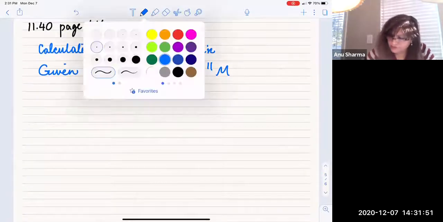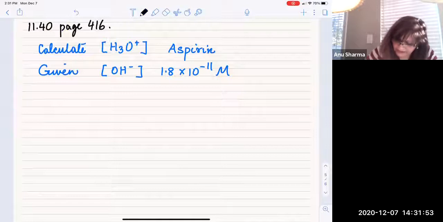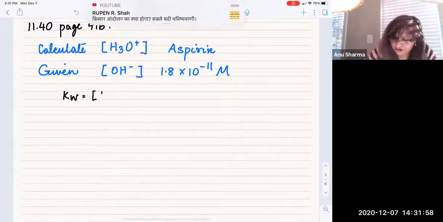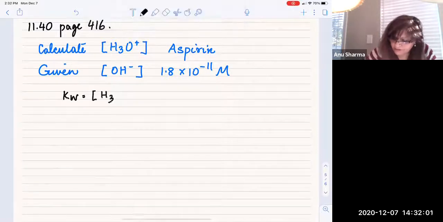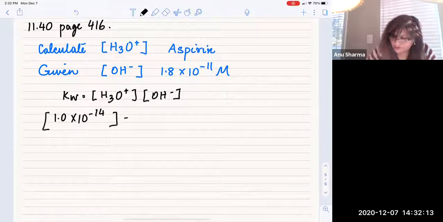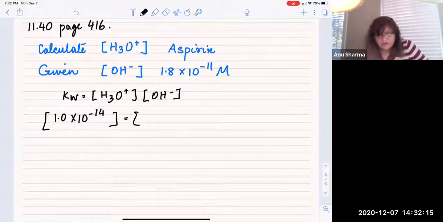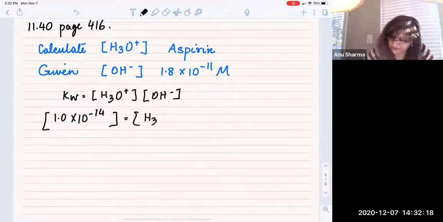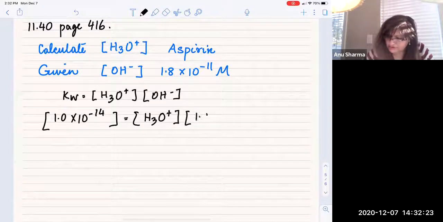Okay, so what do you do here? You are going to have Kw is equal to the concentration of the hydronium ion, H3O plus, times the concentration of OH ions. And the formula here is 1.0 times 10 to the power negative 14. So hydronium ion concentration you can find if you are given the OH ion concentration, which is 1.8 times 10 to the power negative 11.